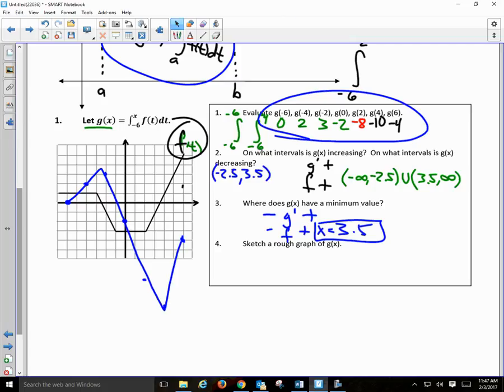Something like that. Rough graph estimation, okay?